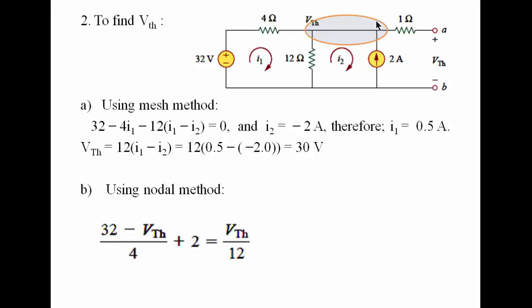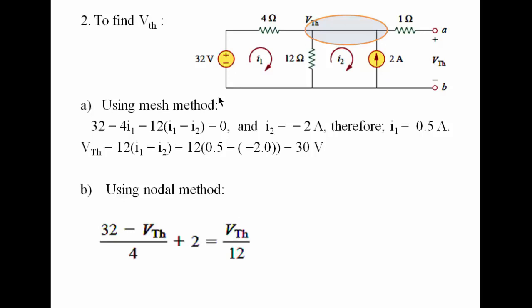The 2 ampere current is also entering the node, so we write it on the same side of the equation. The current flowing in that 12 ohm resistance is leaving the node, and that's why we write it on the other side of the equation.